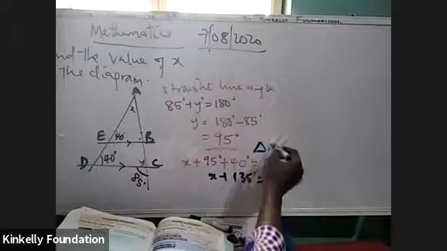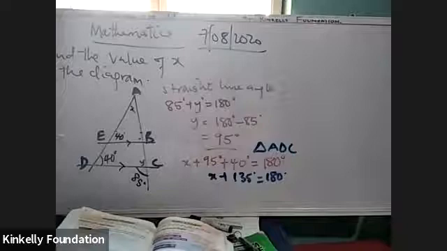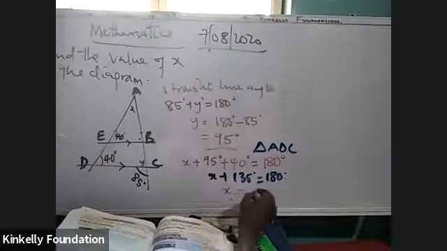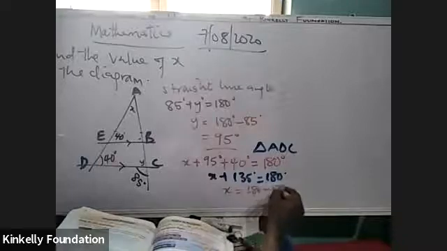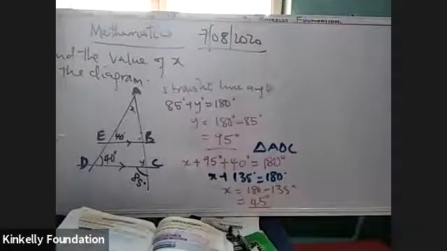Triangle ADC. So our S will now be 180 minus 135 degrees to give us what? 45 degrees. That is why we have that value as 45 degrees.